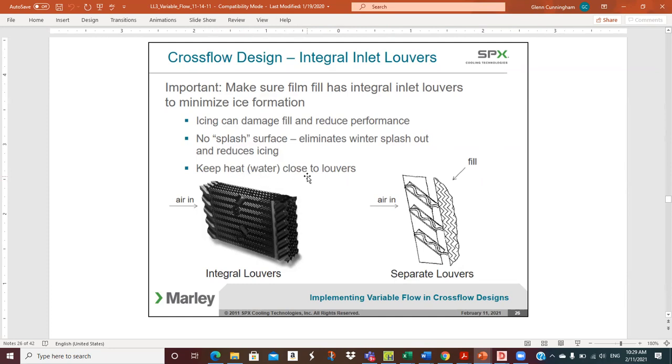Keep hot water close to the louvers. So they're specially designed to do that. That's something you would want to make sure of if you have a tower like around here where it's going to get down to, I don't know, the low 20s, as the polar vortex rolls through.